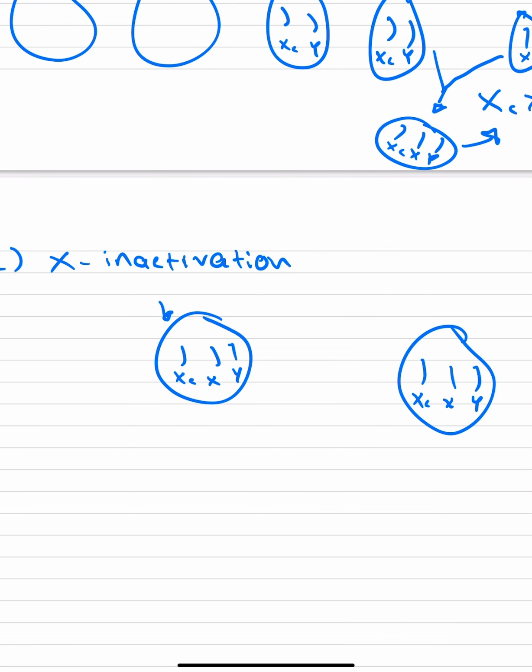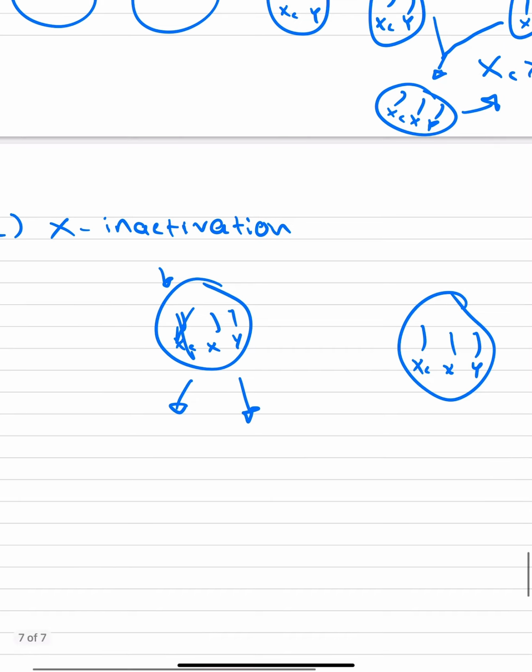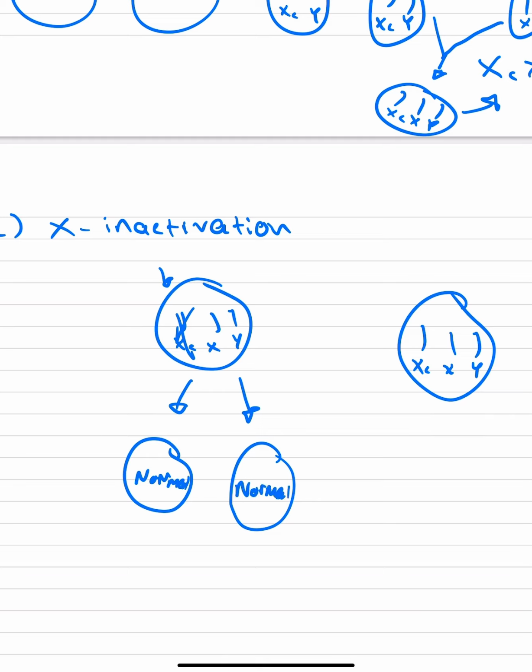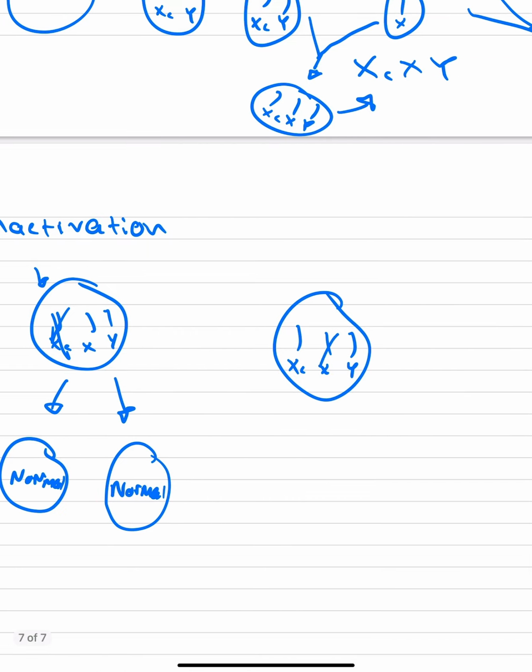In this cell right here, we have this XC being inactivated. So all the cells that are going to be produced from this cell via mitosis are going to have a working X chromosome. So these right here are all going to produce normal skin. However, in this cell, the normal X chromosome is turned into a Barr body.